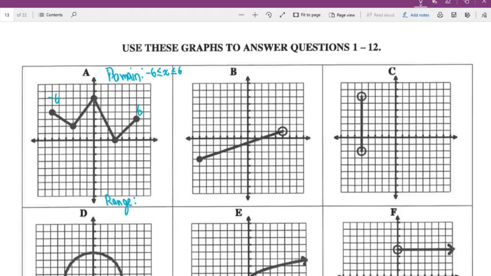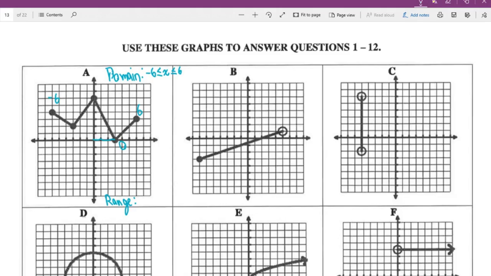This 3 is on the x-axis. It's not on the y-axis. So if we look on our graph, we start at 0. That means the lowest point on this graph is 0. We'll go ahead and write that down.